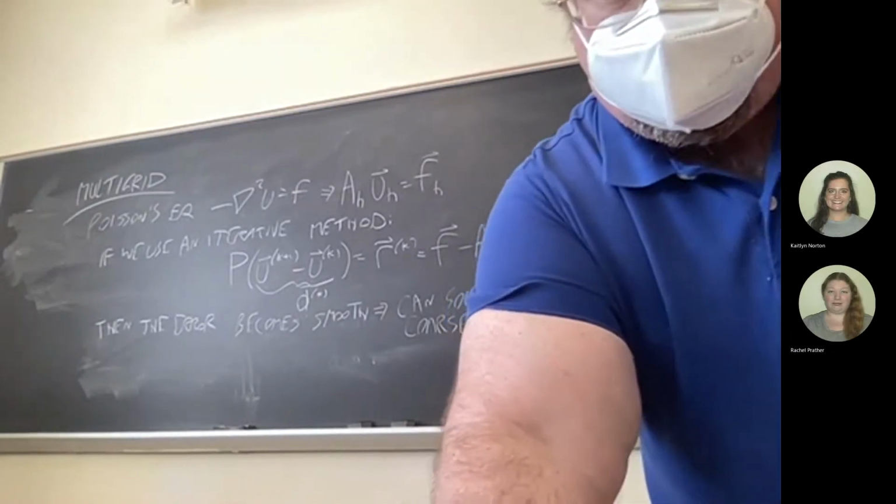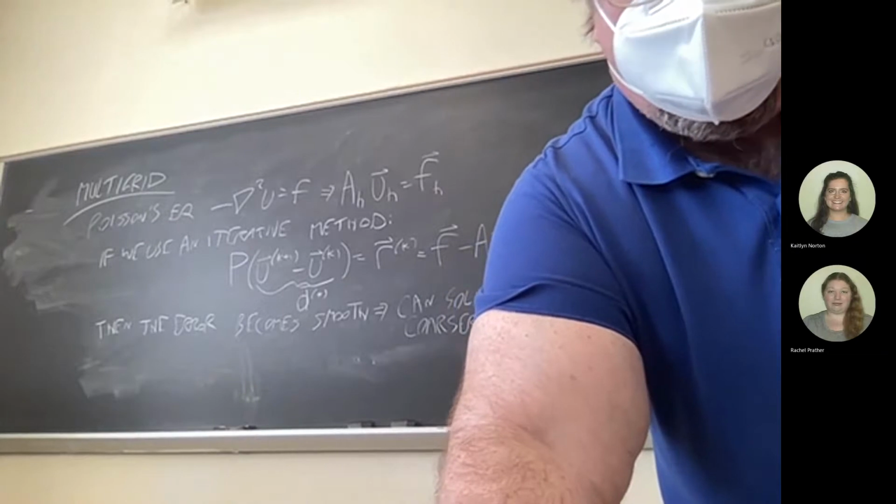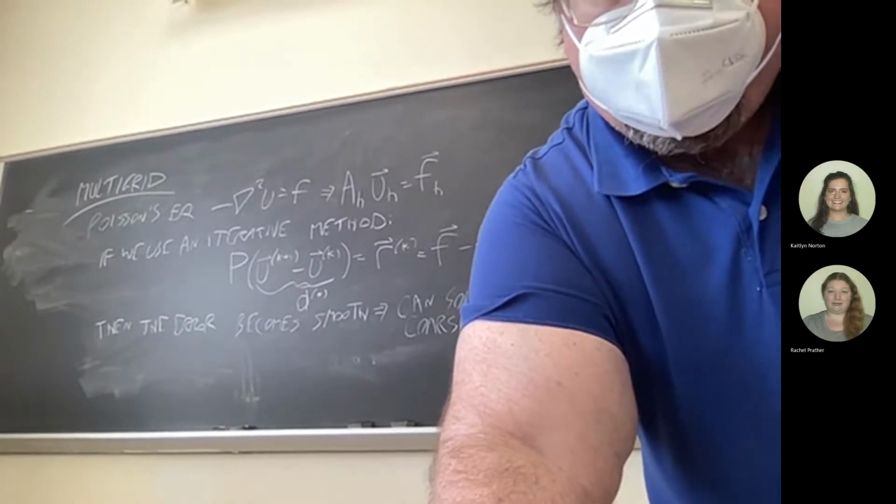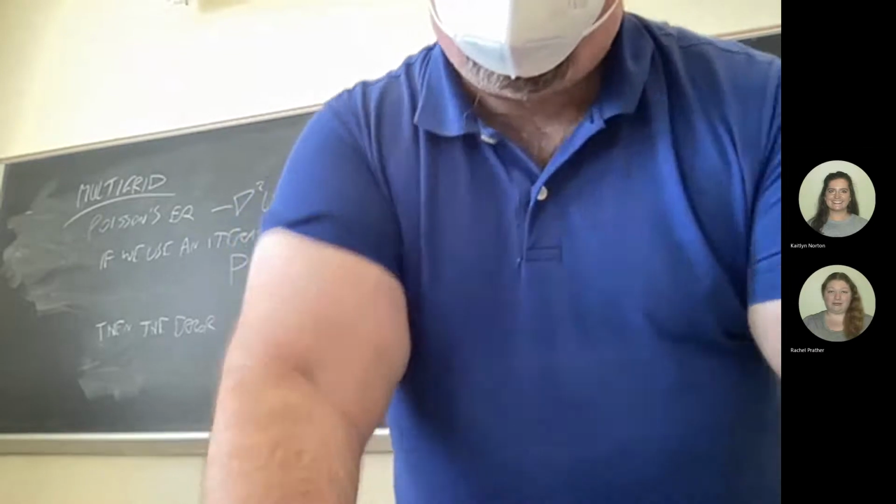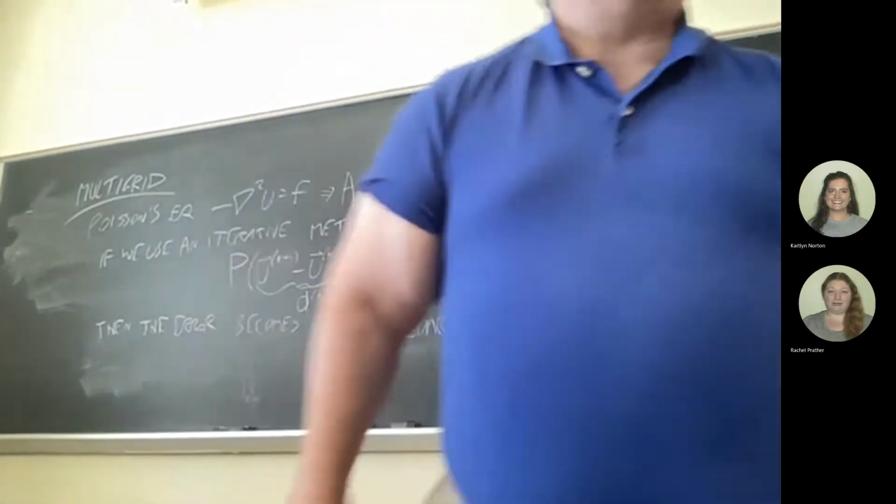Now, problems 6 and 7 deal with using multigrid, and it's something that students in the past have had some difficulty with, just because the way it's coded is kind of weird.